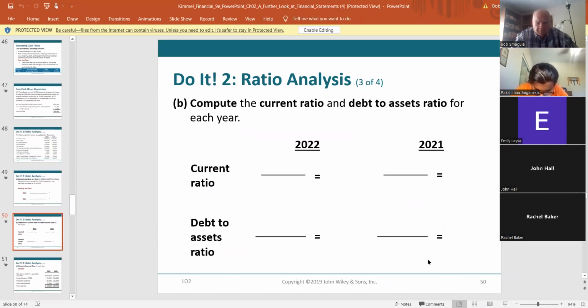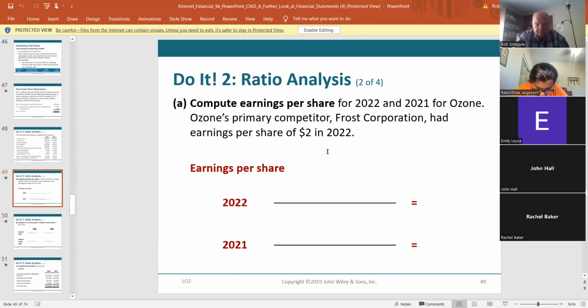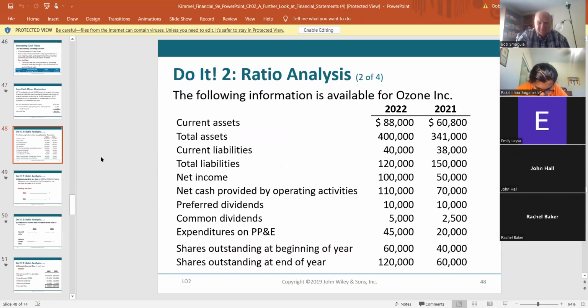The current ratio and the debt to assets ratio. Current ratio. Current assets are 88, current liabilities are 40. In 2022, here it's 60 divided by 38. I don't know why they don't give us the numbers there, but I think we know what the current ratio is, huh?